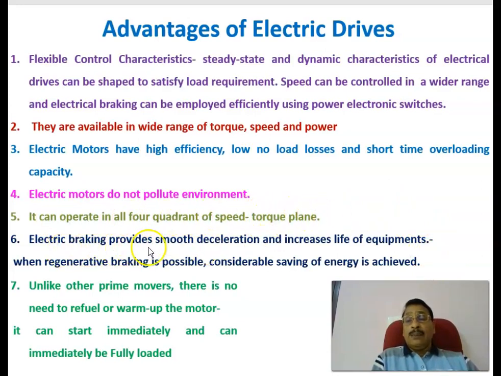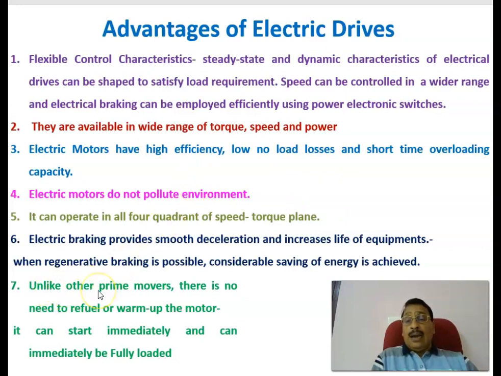Then electric braking provides smooth deceleration and increases the life of the equipment. When regenerative braking is possible, considerable saving of energy is achieved, because it can feed back the energy from the motor. In that case, the motor is working as a generator, and it can be fed back into the source. That's called regenerative braking, which is possible in the case of electric drive systems.